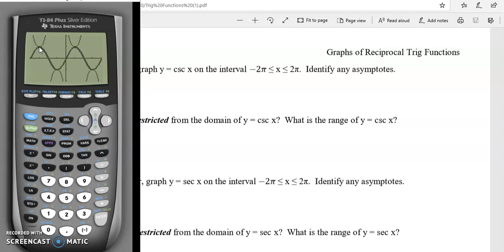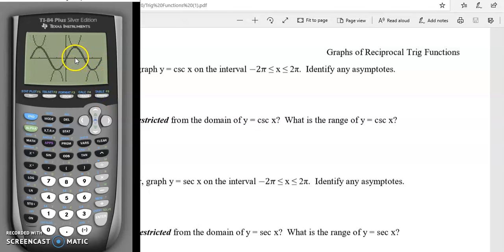Here, over here, when the height of the curve is 1, negative 1, 1, negative 1, they end up being equal to each other. So where does that happen? Where are they equal to each other? Well, this is why I make the window, the x scale, to be pi over 2, because every tick mark is worth pi over 2.